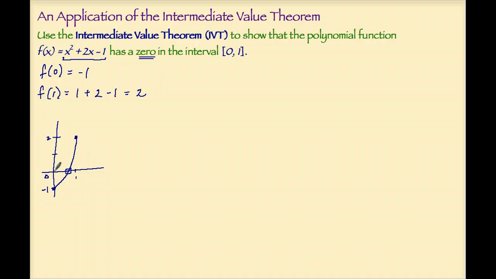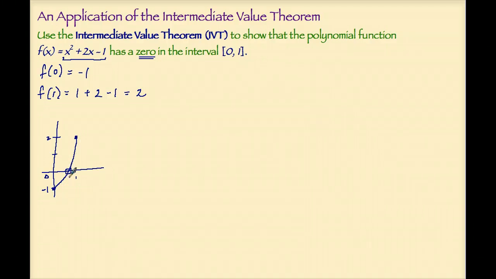Furthermore, there are x values which must create the y values that we're discussing. That's what the intermediate value theorem is saying, that there's guaranteed to be x values between 0 and 1 that are generating every function value between -1 and 2, including, of course, 0, the one that we were looking for.